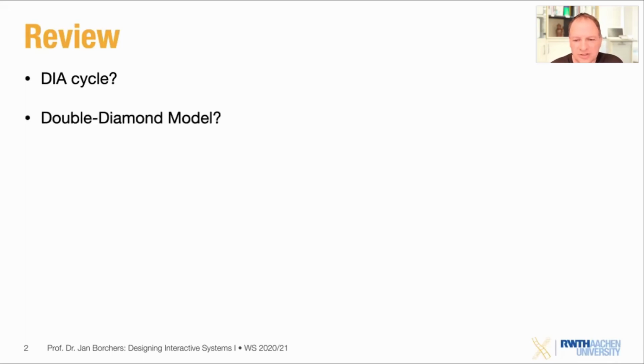Related to this was the double diamond model that you can also find in Norman's book in a little more detail. What was that about? It's a very visual name, so from the name you can almost directly be reminded of what it is about.